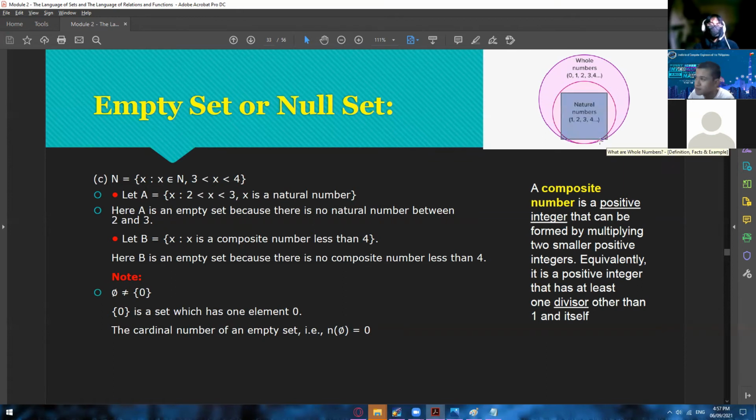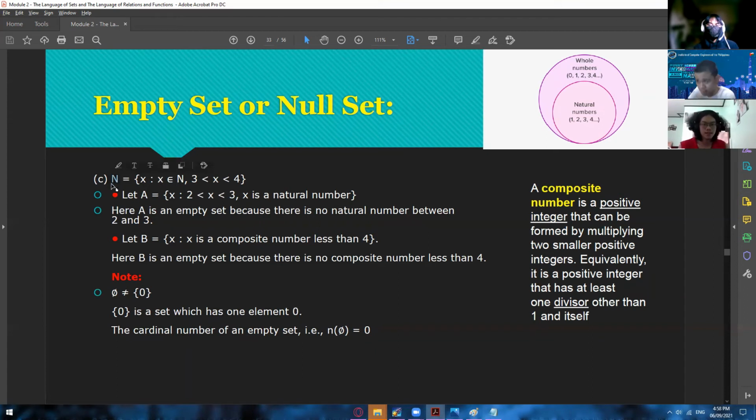In natural numbers, we start with 1 and above. So 1, 2, 3, 4. And if you take a look at this one, there is no number in between 3 and 4, since it's only under natural numbers. So here A is an empty set because there is no natural number between 3 and 4.